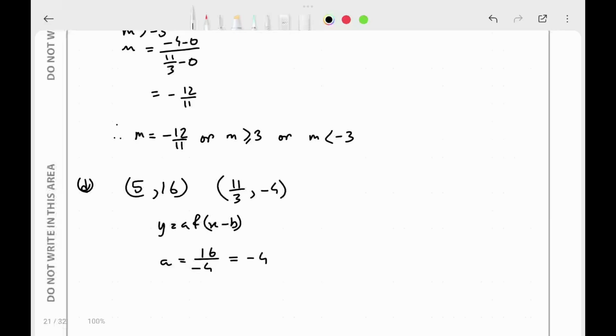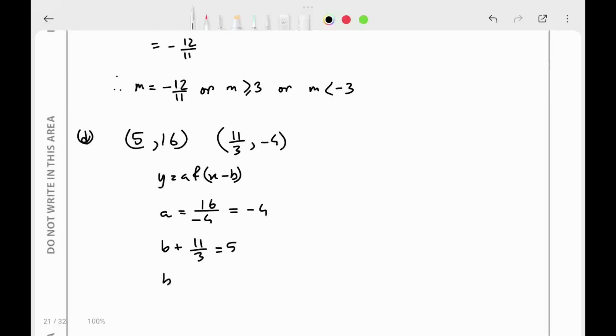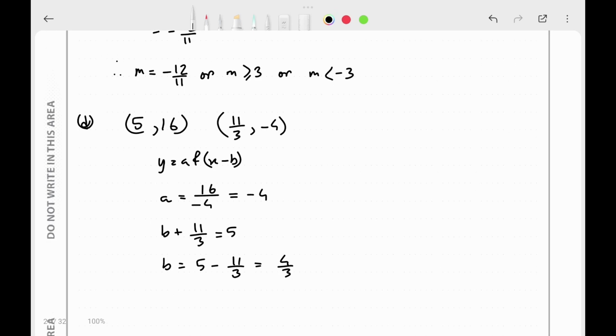So x minus b means that if we add this value to b, we get this. So b plus 11 by 3 would give us 5. So b is equal to 5 minus 11 by 3, which is 4 by 3. So that's the answer for part D. A is equal to minus 4 and b is equal to 4 by 3.